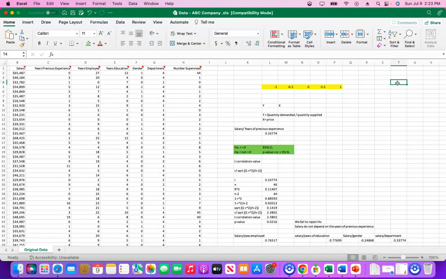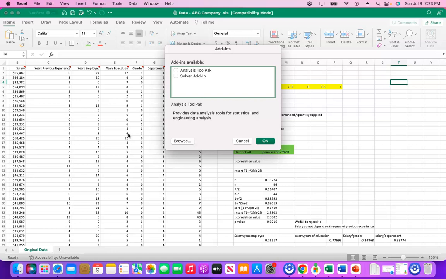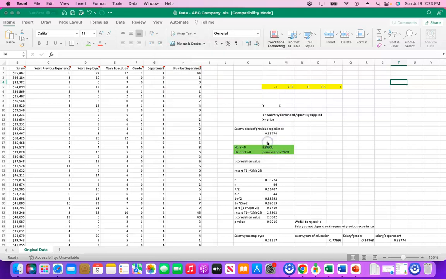And in order to find data analysis, because I'm using Mac, I need to add it in. So I'll go to the tools and Excel add-ins. You know how to do it in Windows. And all I'm looking for is the Analysis ToolPak. I'll click OK. And so in this case, we'll go to my data.